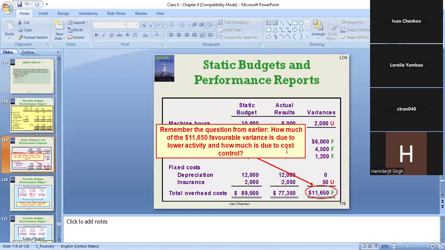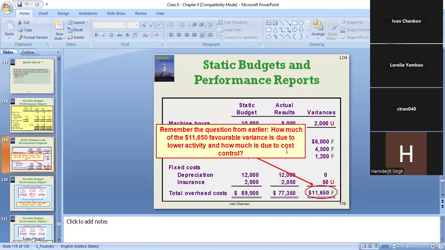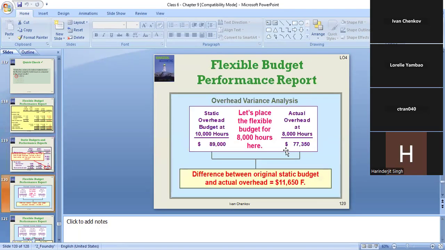So instead of saving $11,000, we're losing $3,350, and that's a huge difference. So now the question is, why is that? Well, simply because of the level of activity. Once we compare the static budget with the actual budget, there is a difference based on the lower usage of the hours.